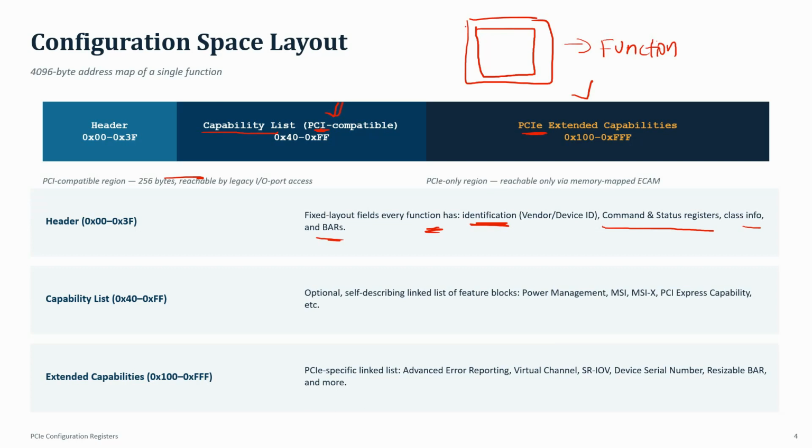When you're working with a type 1 device, you can refer to the specific register meanings and their exact working, and configure it accordingly. So this is my configuration space in a particular function.